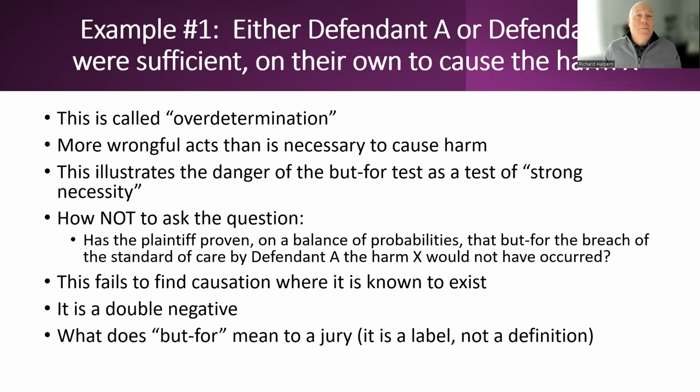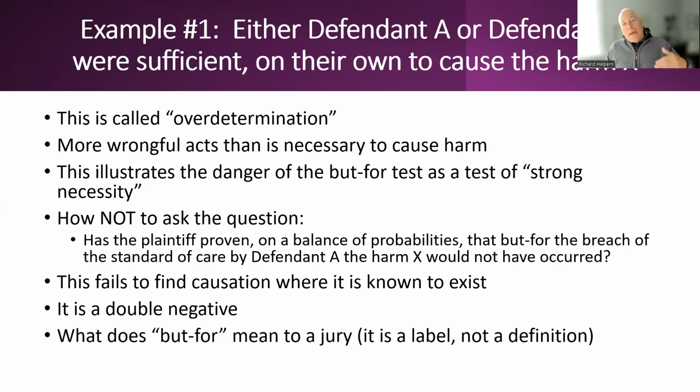Well, that's absurd. Now, if but-for is the test, and that's how we apply but-for, then but-for can't be the test of causation, because we can't have a test of causation that fails to find causation where we know it to exist. We must have a test that will find causation where we know it to exist, and that doesn't.